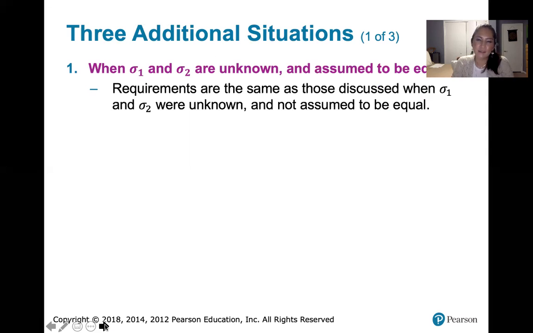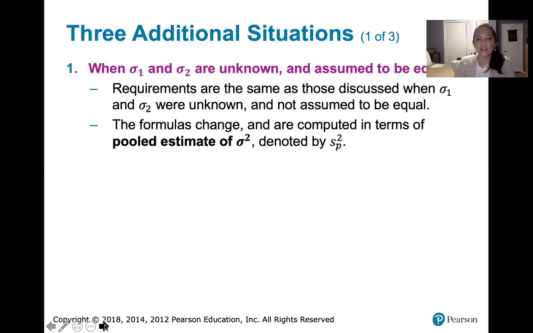We're just saying now that we're assuming that they're equal. The difference here is not in the requirements, but in the formulas. The formulas are going to change now, and they will be computed in terms of what's called the pooled estimate of that population variance, which is denoted by S sub p squared.